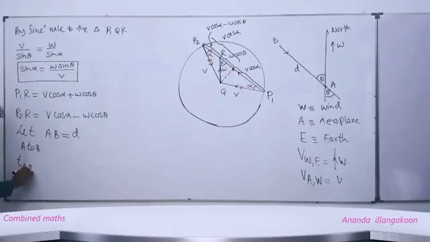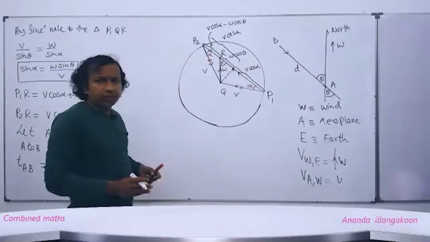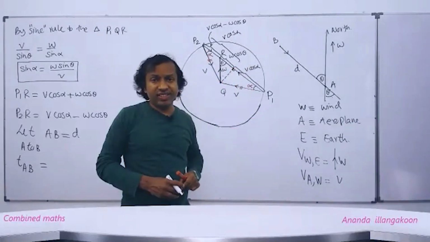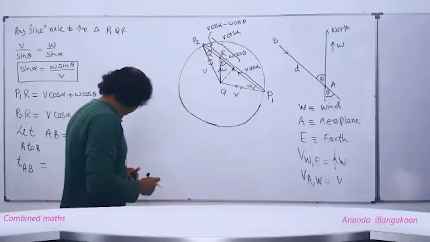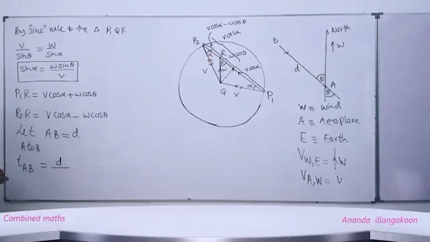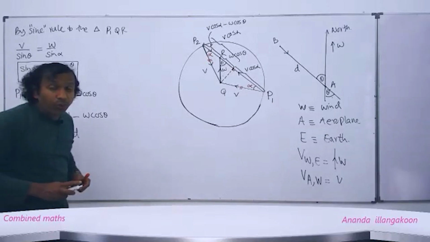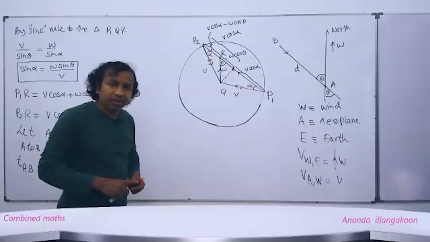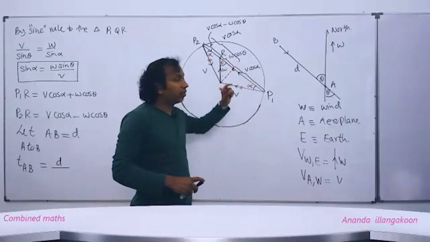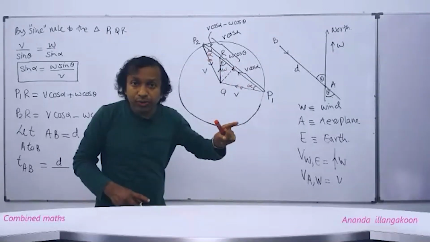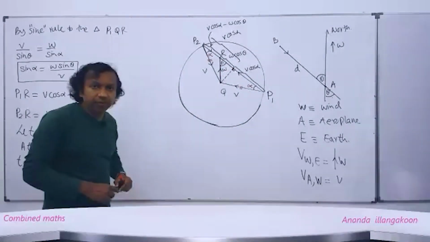How to find the time? Time means the distance divided by the velocity. What is the distance from A to B? It's D. Now the aeroplane moves with what velocity? P1R. Why? P1R is the velocity of the aeroplane relative to earth when it moves from A to B. Understand? P1R.